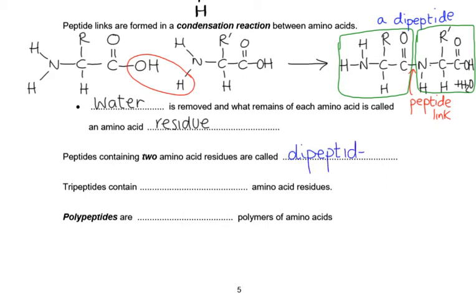That's what we've drawn up there, a dipeptide. Tripeptides would contain three amino acids. And these polypeptides are actually going to be considered as condensation polymers, but made of amino acids rather than repeating units of the same chemicals.